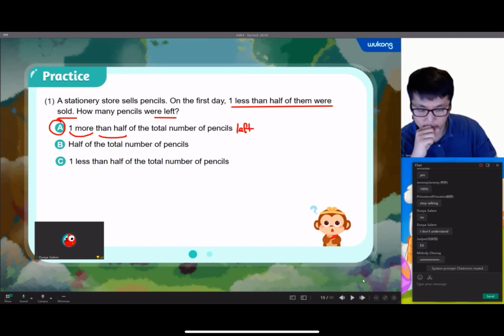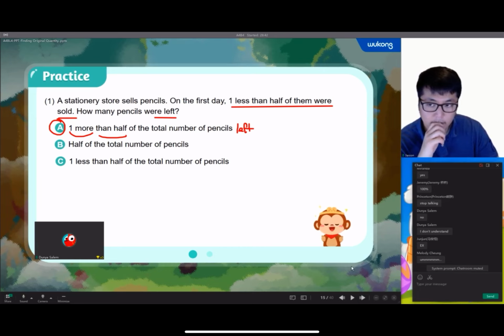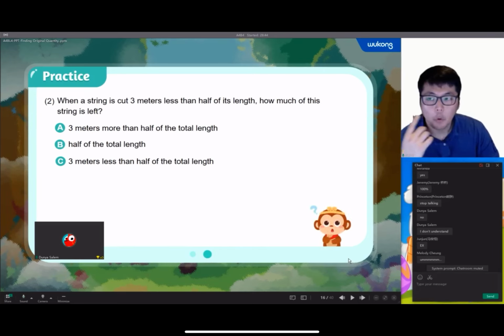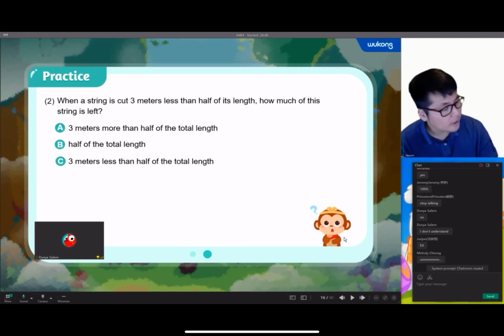Mm-hmm. Okay, good. Now, when a string is cut 3 meters less than half, how much is left? What about this one? Come on, Danya, quick, quick. You can do it.